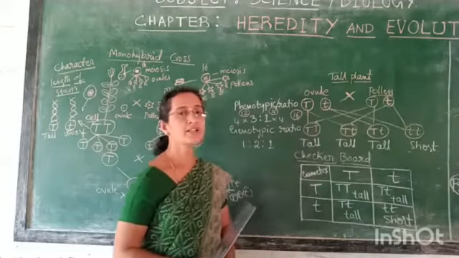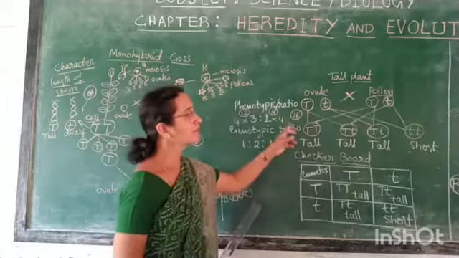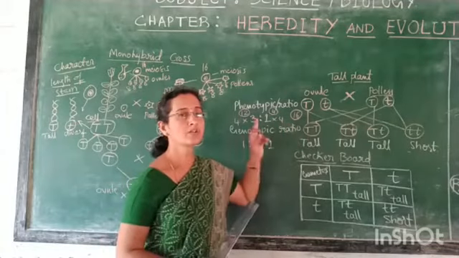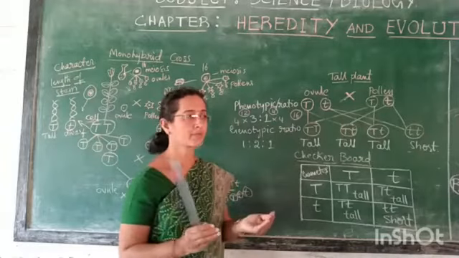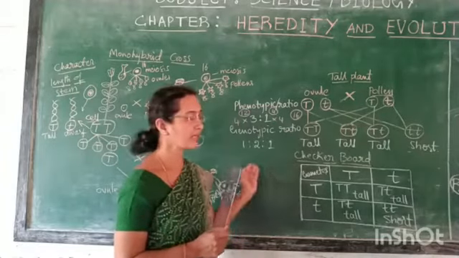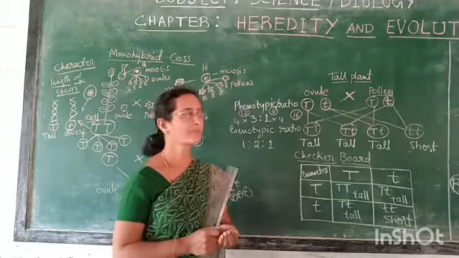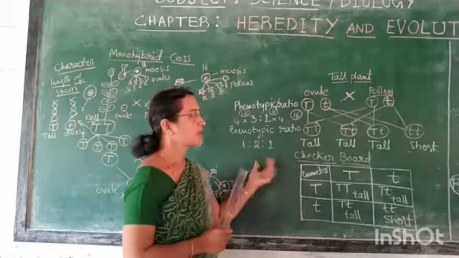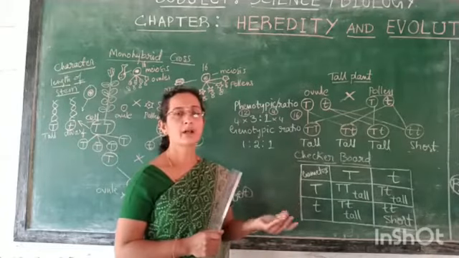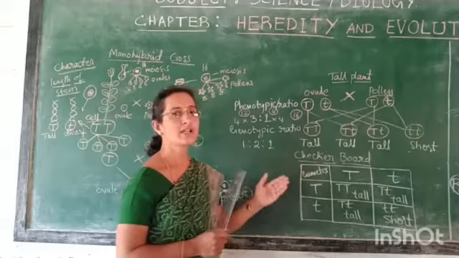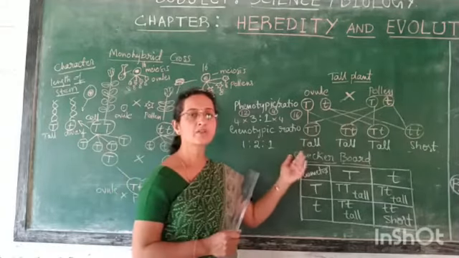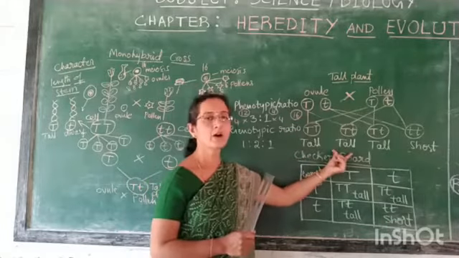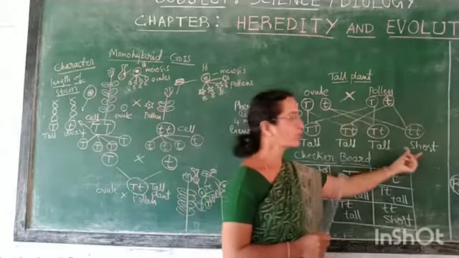A number of seeds were produced in the tall plant due to self-pollination. They sowed those seeds, and among them, three parts were tall and only one part was short.